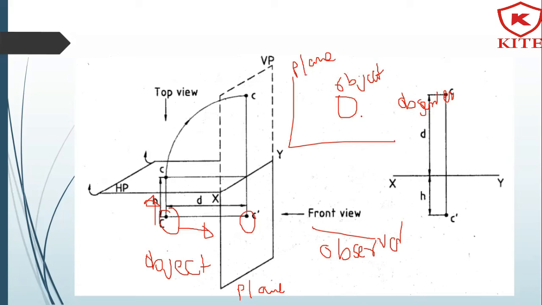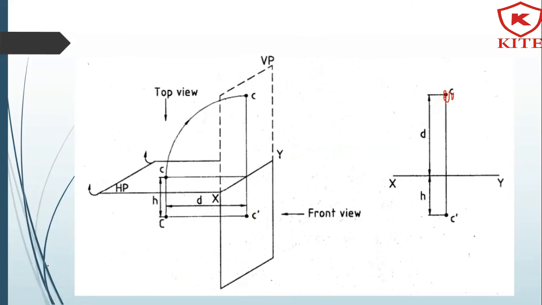In the first-angle projection system, the object is in between the observer and the plane.